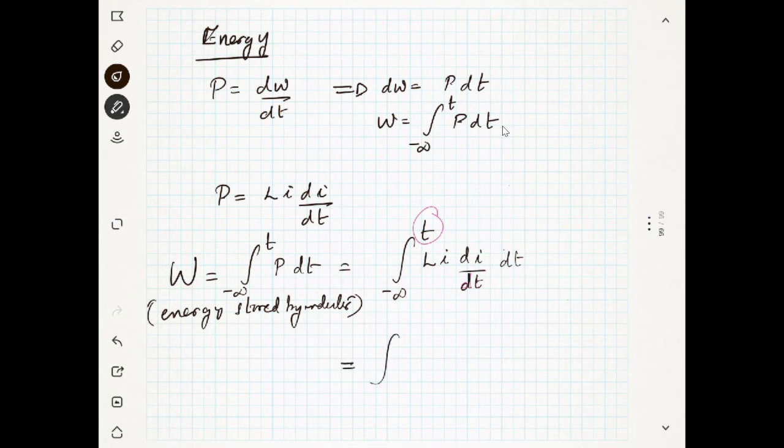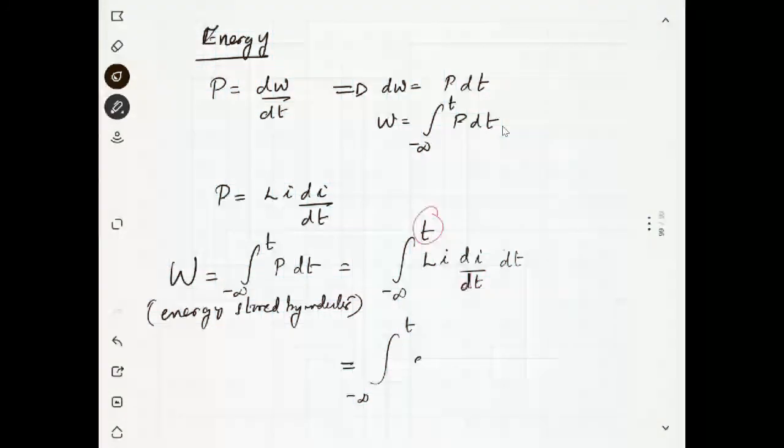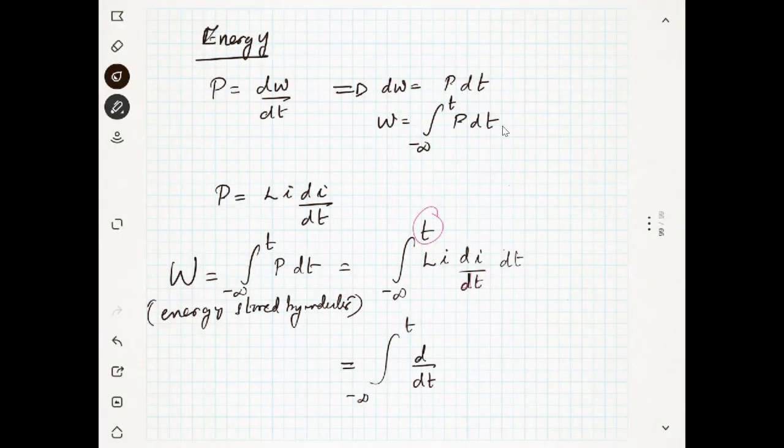This is equal to, the limit is there already, the integral from minus infinity to t of d by dt of half of L i square of t into dt.